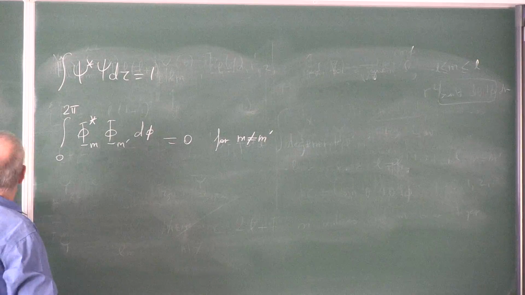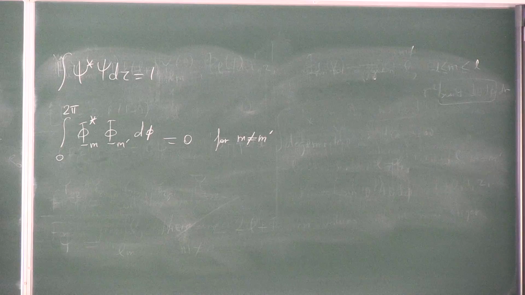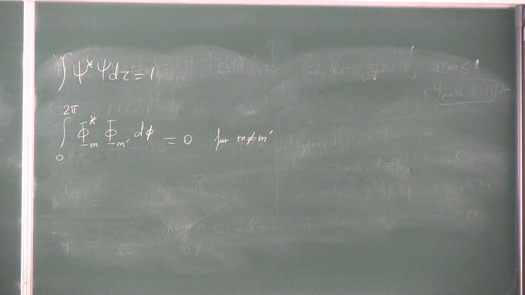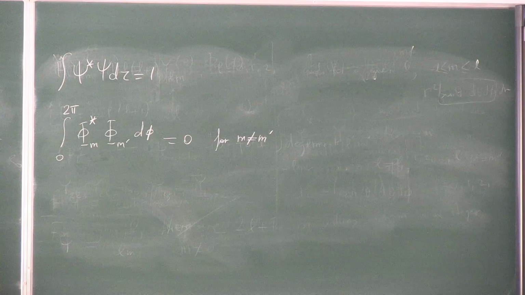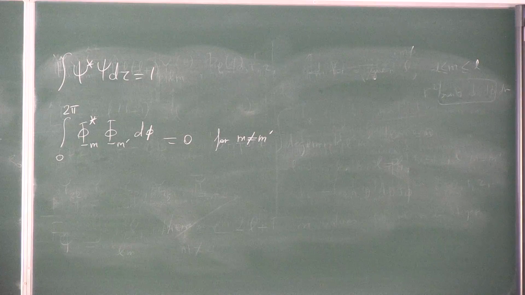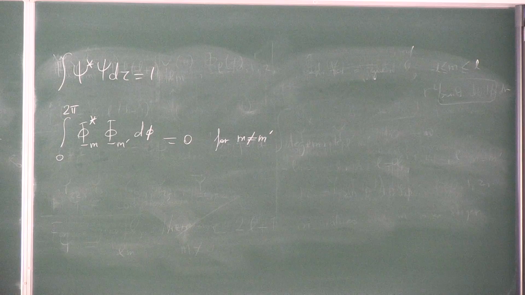In that case, the problem states that these are normalized. Look at the factor 1 over square root of 2 pi. This number is obtained by normalizing this function here.